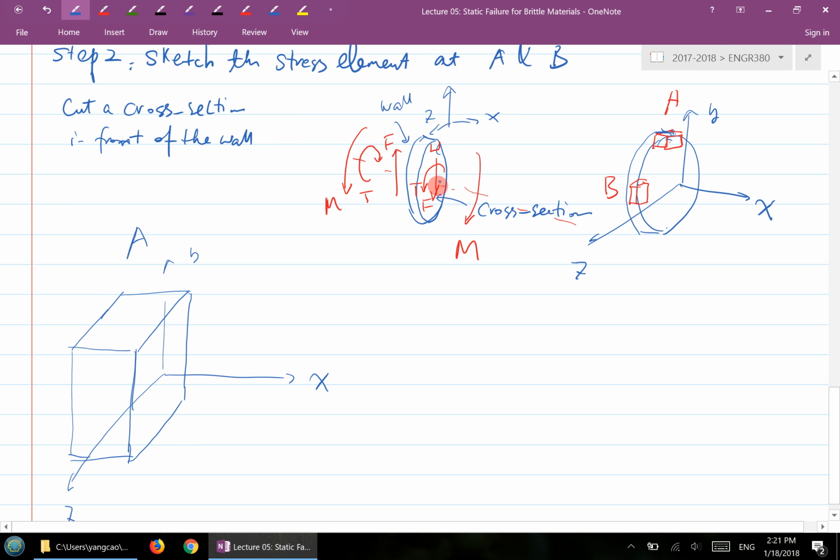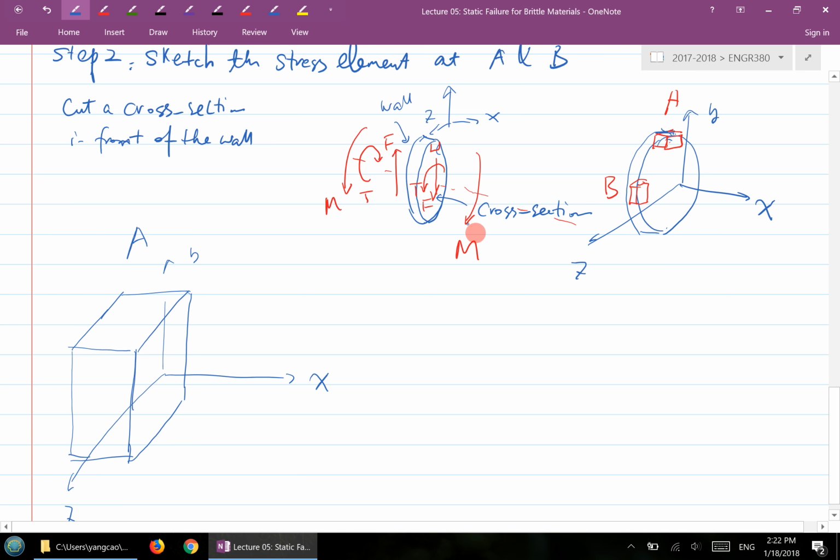This capital F right here will cause a shear stress, but it's 0 at the A location. It will be maximum at the B location. So there is no shear stress due to this F at the A location.